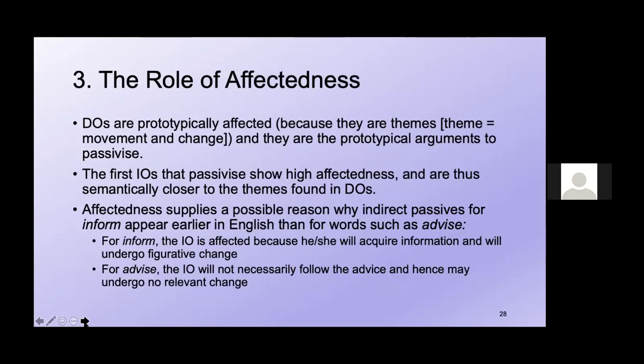Affectedness may also play a role. Direct objects are prototypically affected as being themes, and the first indirect objects that passivize also show high affectedness and are thus semantically closer to the direct object themes. And this may be why we see passives for inform appearing earlier in English than advise, because in inform the indirect object is affected as acquiring information, but advice doesn't necessarily have any effect on the person advised.